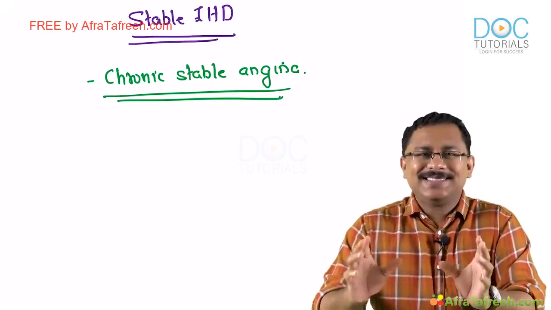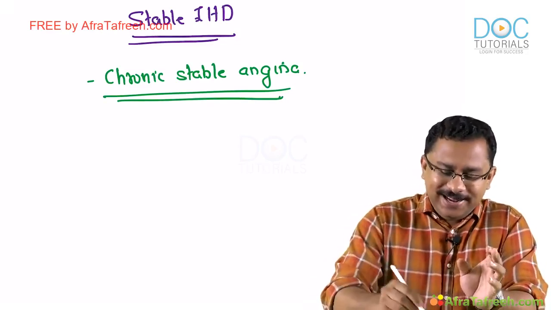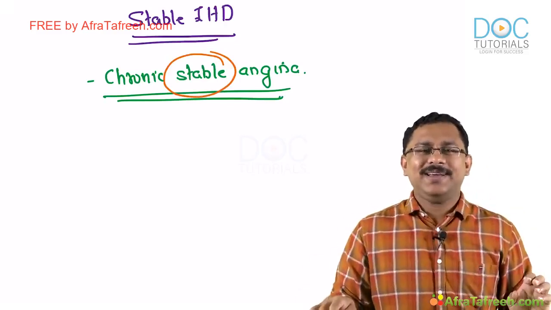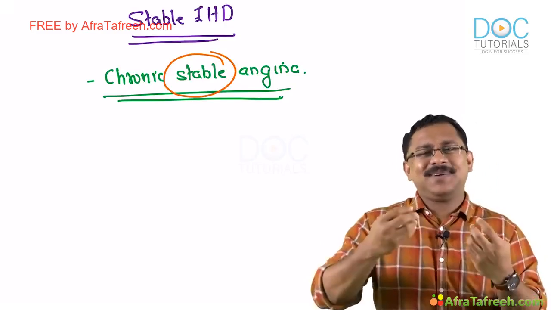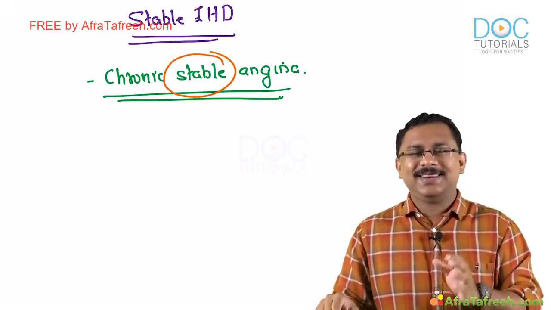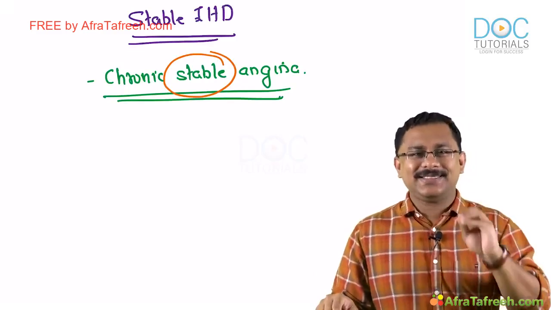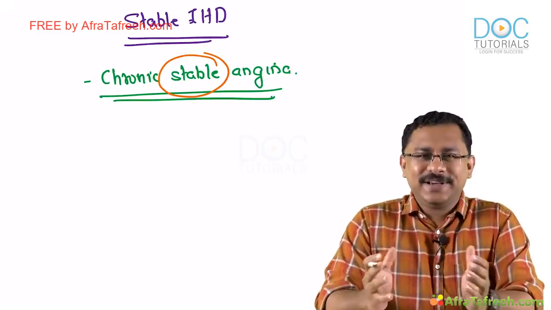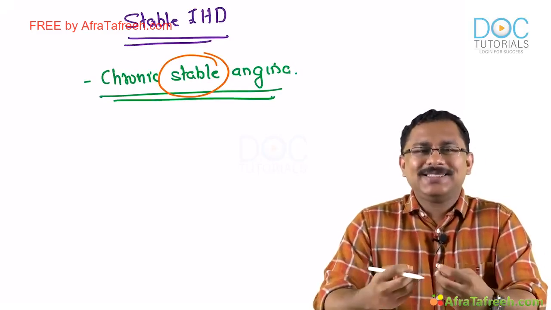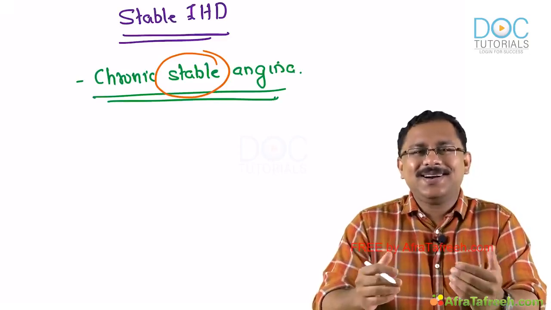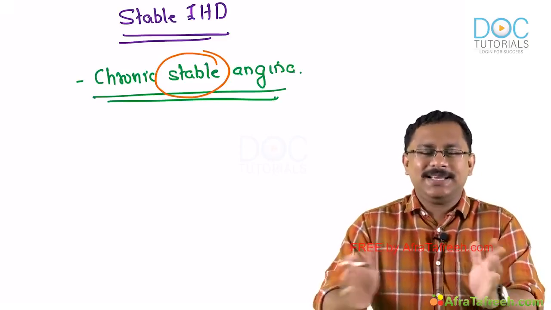The term itself is giving you an idea that it looks like a stable disease. Well, it is a relative term compared to an acute coronary syndrome. By no means should this entity be taken lightly. It is very important because definitely any disorder that affects the coronary vasculature is likely to have its own implications.